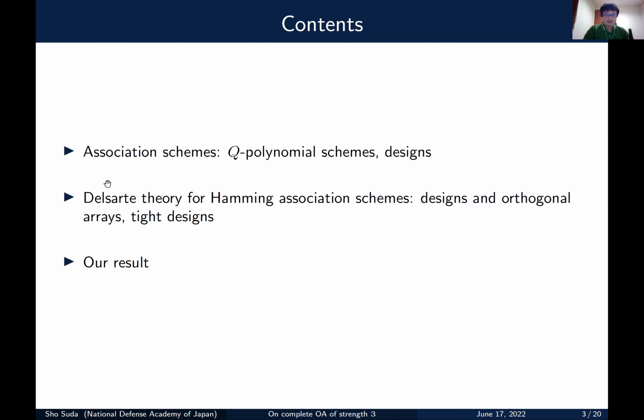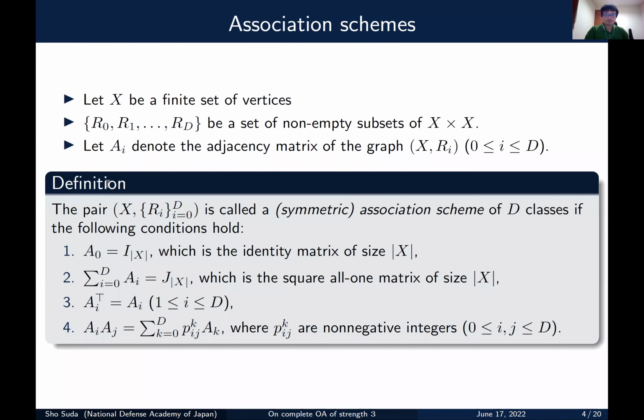After that, I will show some results about the theory for Hamming schemes, namely that designs in Hamming schemes are the same as orthogonal arrays, and we discuss their completeness or tightness conditions. And finally, I would like to give a sketch of the proof of our result.